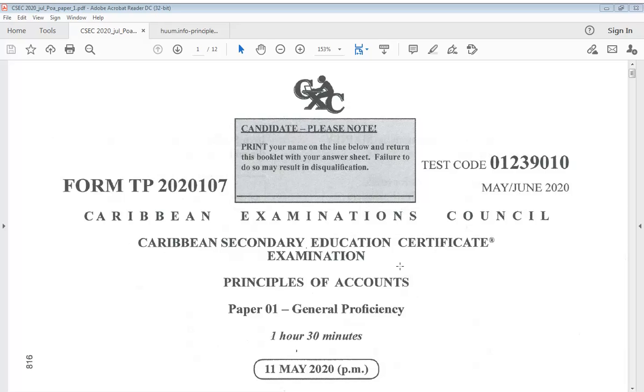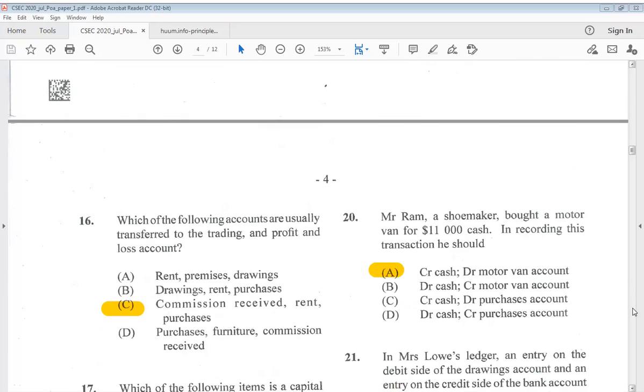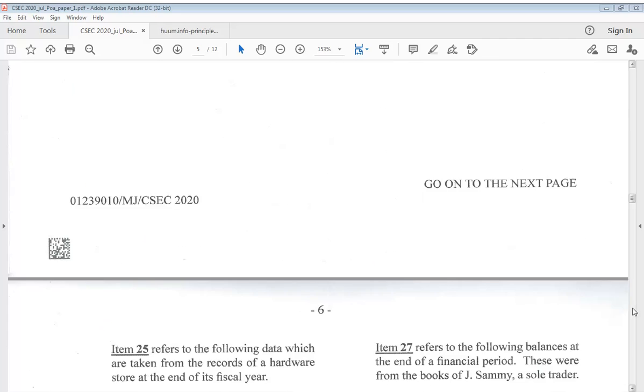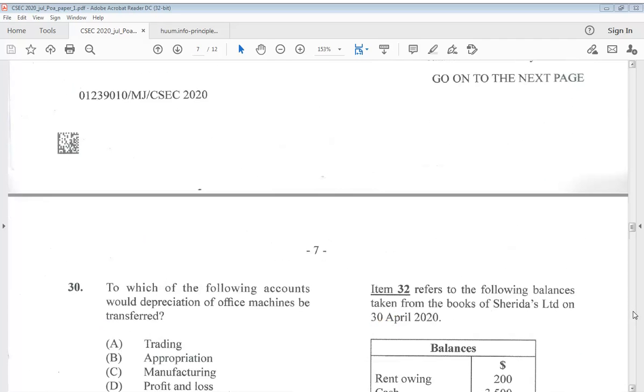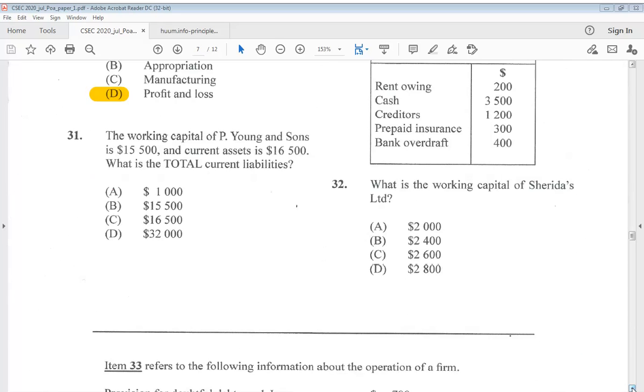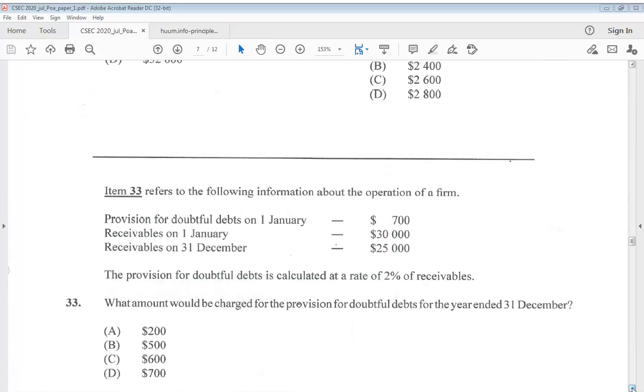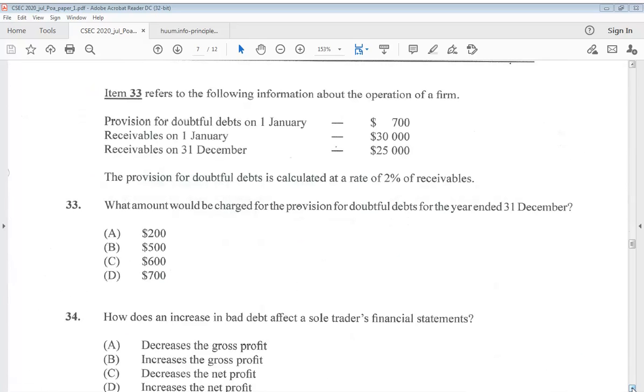So let's get into this paper. We will be picking up from question 33. A lot of you have been making this request.